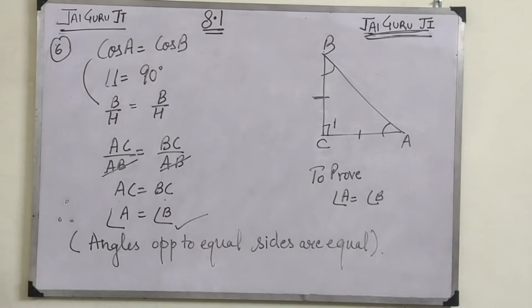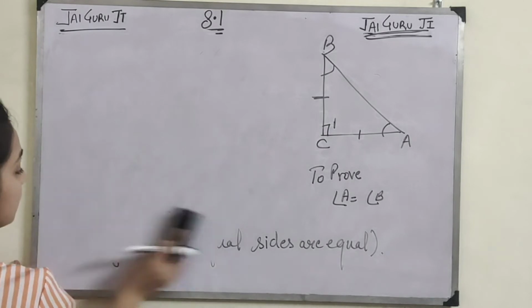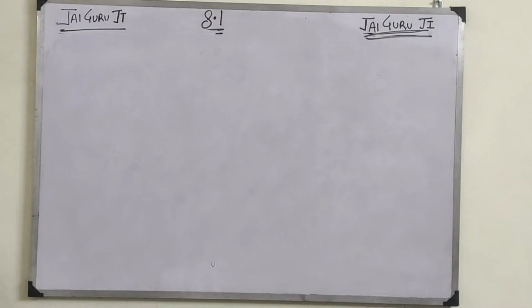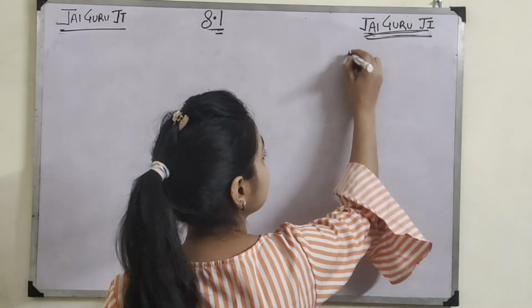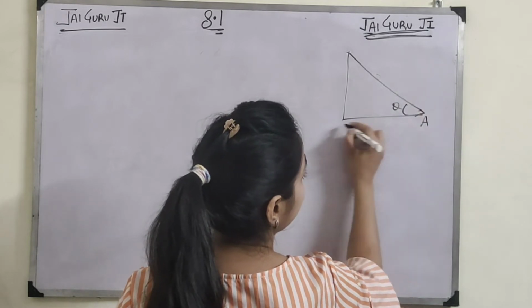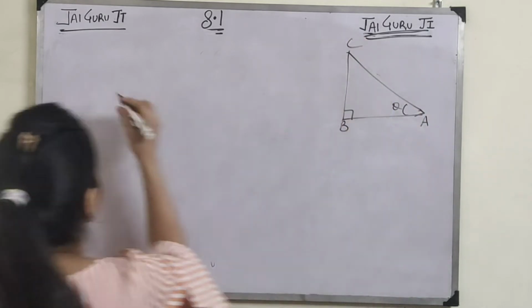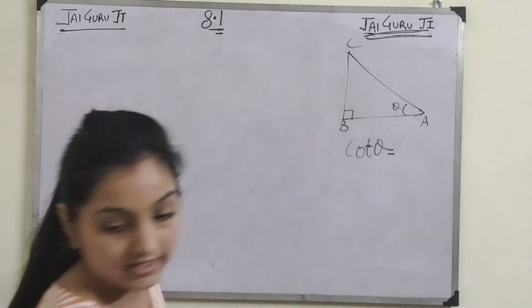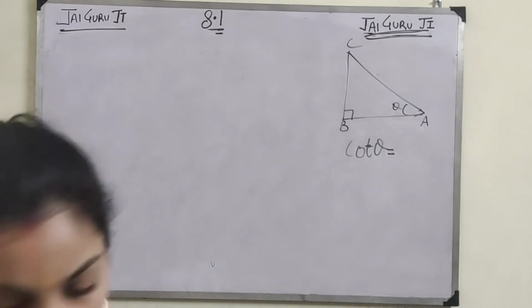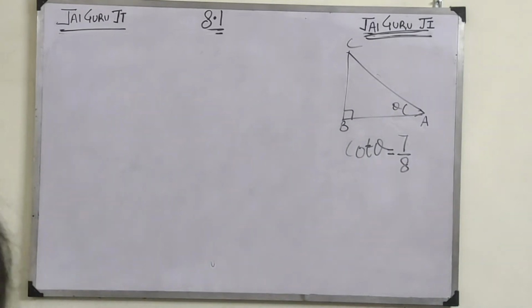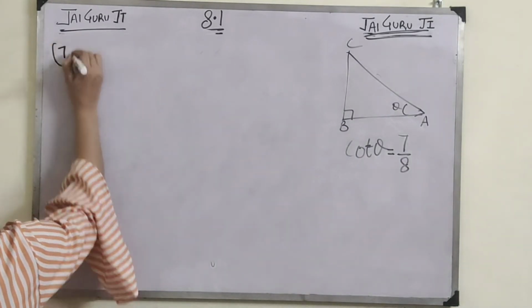Now I'll move further to question number 7. Question number 7 is, if cot theta is 7 by 8, this is again the triangle theta, A, B, C. Question number 7.